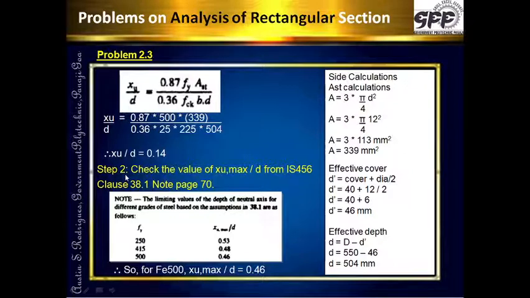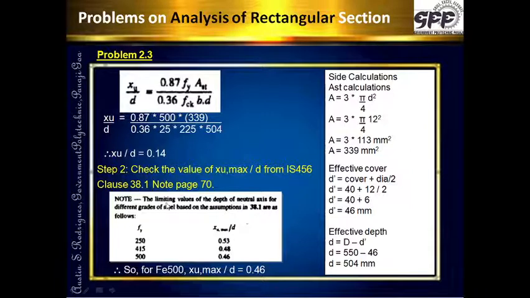Then we go to step number 2. Step number 2 is to check the value of XU max by D, the limiting value of the neutral axis upon the effective depth, from IS 456 clause 38.1 note on page number 70. The limiting values of the depth of neutral axis for different grades of steel are based on the assumptions in the limit state of collapse.